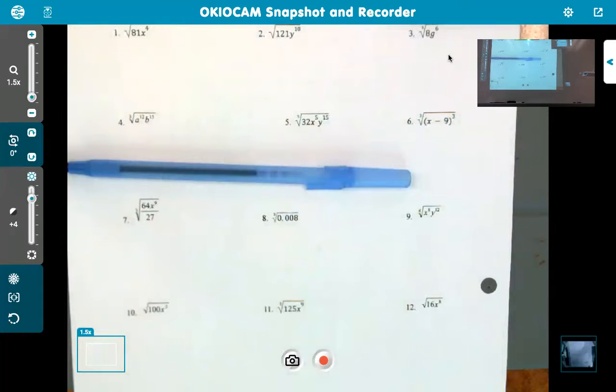So this one's right. This one's right. Make sure you take it. So you take the fifth root of 32.